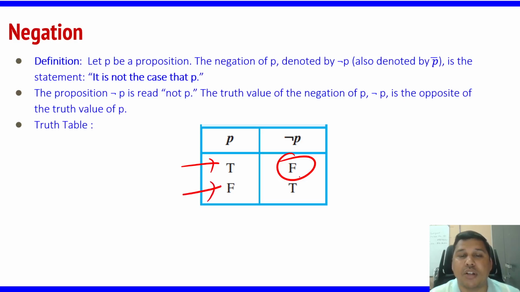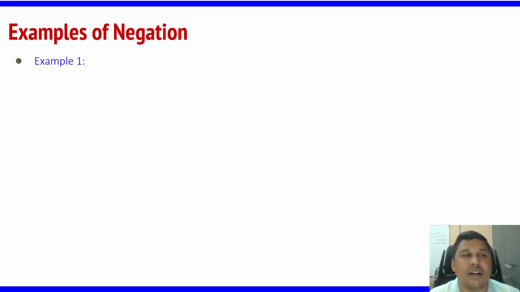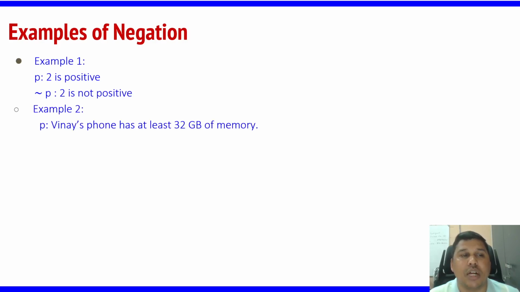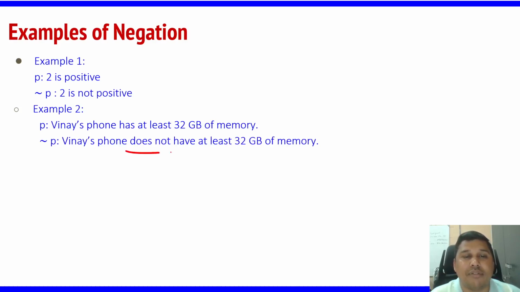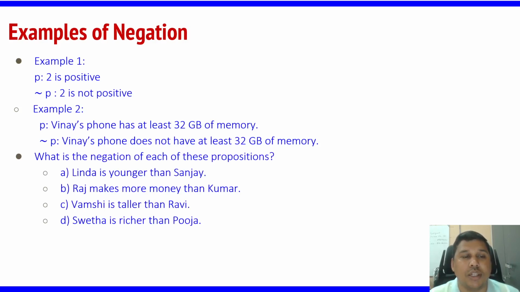If the value is false, its negation is true. This is simple. Some examples: 2 is positive, its reverse will be 2 is not positive. Example 2, Vinay's phone has at least 32 GB of memory. Its negation will be, does not have 32 GB of memory. This way you can do all these exercise problems. You can convert them into negation statements.